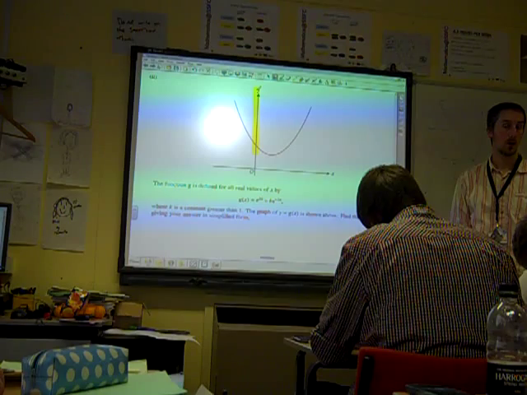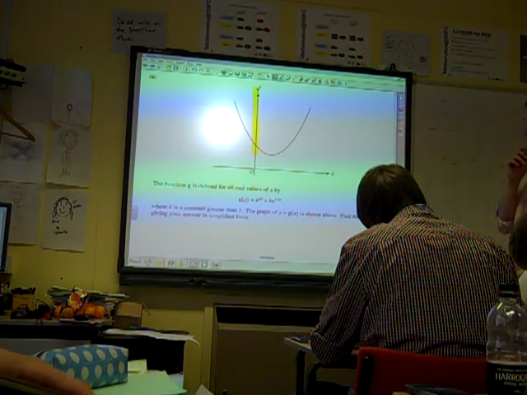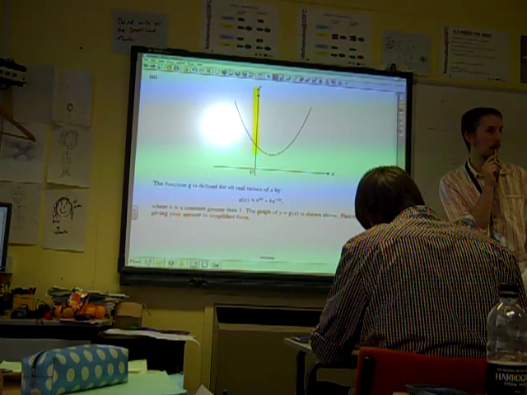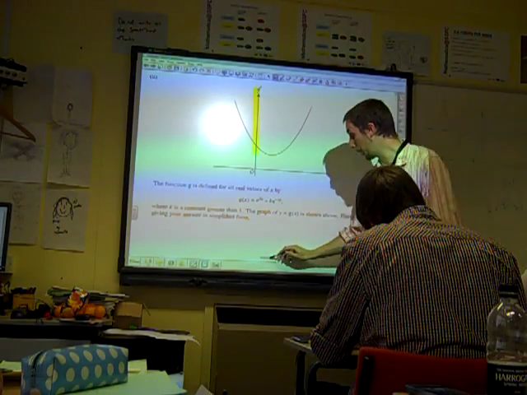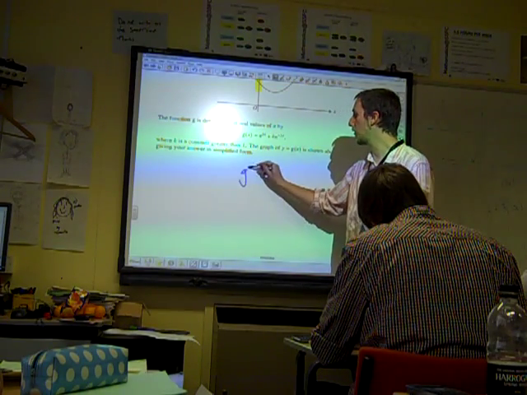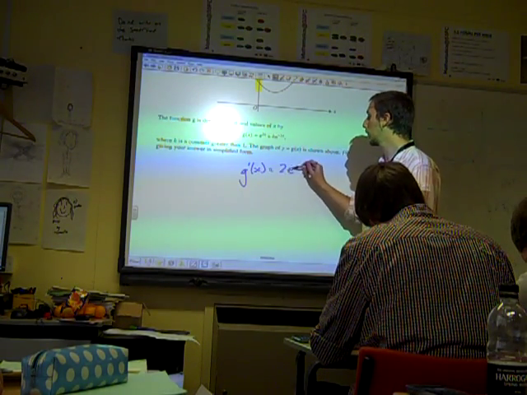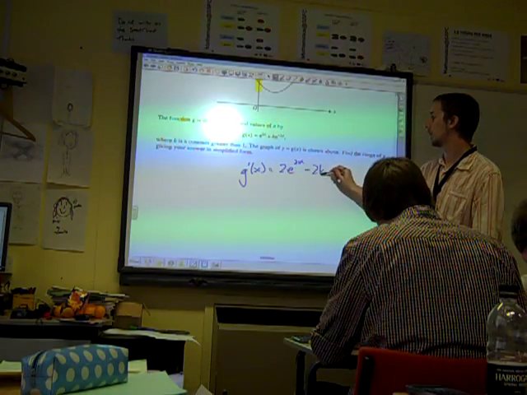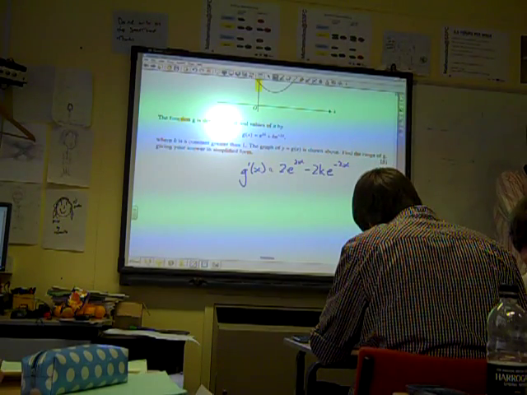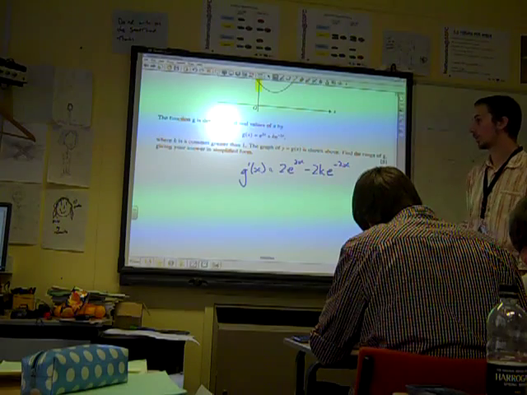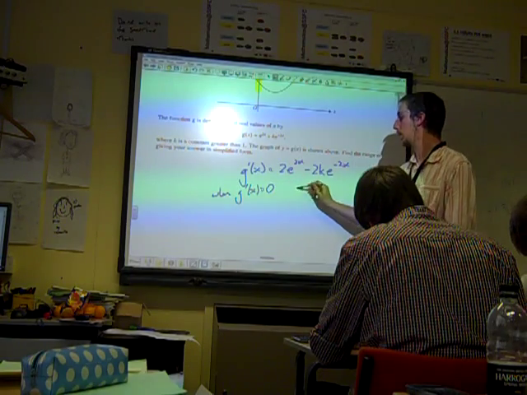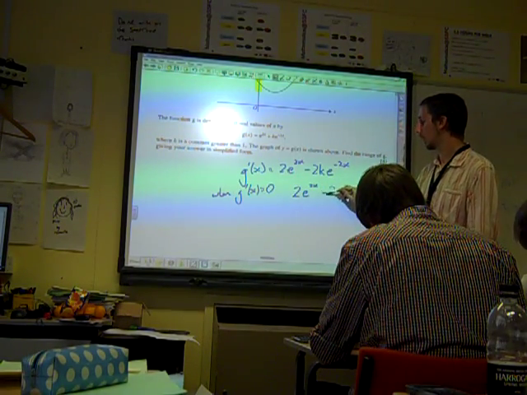Now, to do this, we need to know what the minimum point on this graph is, don't we? That's basically all we need to work out. So let's see what we can do with this. For the minimum point, we're going to do g dash x. That minimum point occurs when g dash x is 0.